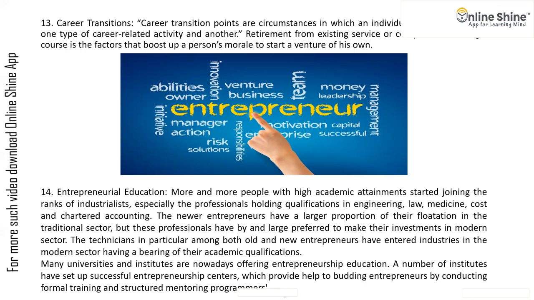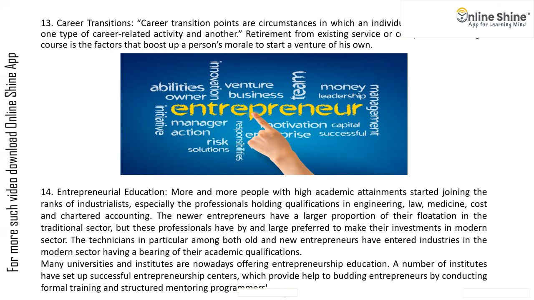Going to the 14th point, entrepreneurial education. More and more people with high academic attainments started joining the ranks of industrialists, especially the professionals holding qualifications in engineering, law, medicine, cost, and chartered accounting.